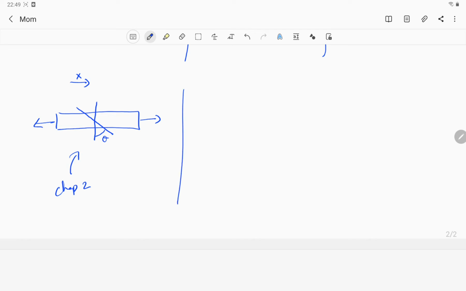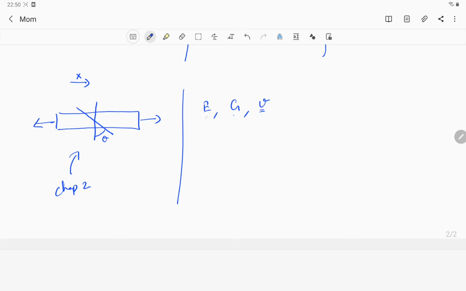Another thing is E, which is Young's modulus, G, which is shear modulus, and there is something else called nu, which is Poisson's ratio. The Poisson's ratio represents the ratio between the lateral strain and the longitudinal strain. These three material parameters are not independent, they are related to each other.